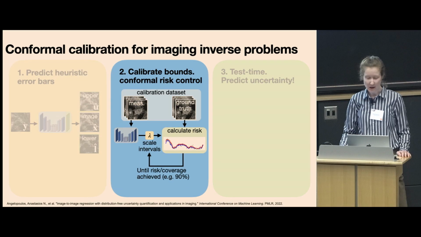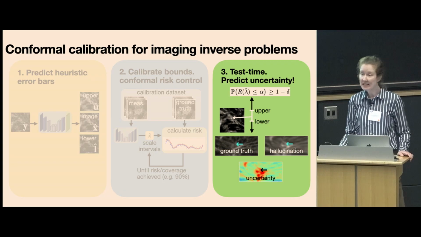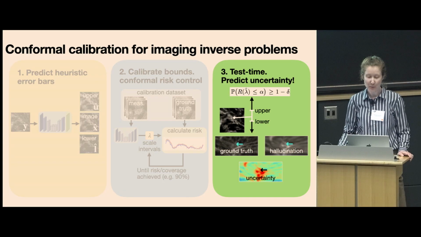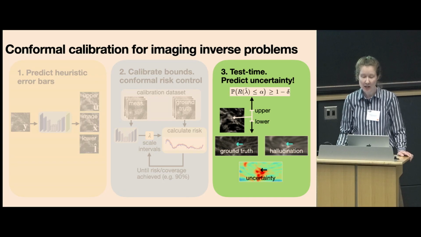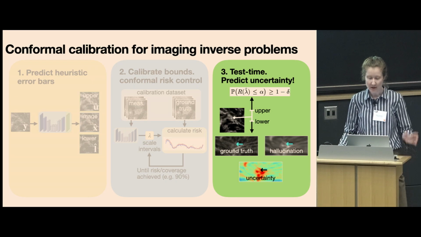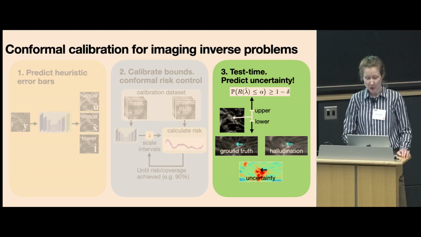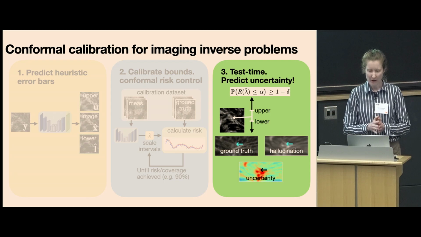Once we find those scaled intervals to reach coverage, at test time, you have a high probability that any unseen data is going to lie within those bounds with some good certainty.